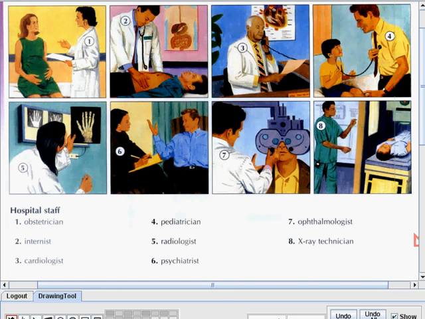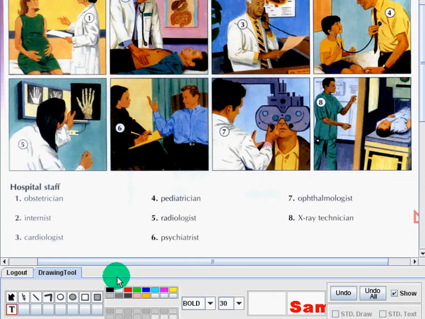Next, we have the X-ray technician, or what we also call the radiographer. An X-ray technician, or radiographer, is a healthcare professional who creates medical images of the body to help doctors diagnose and treat illness and injury.